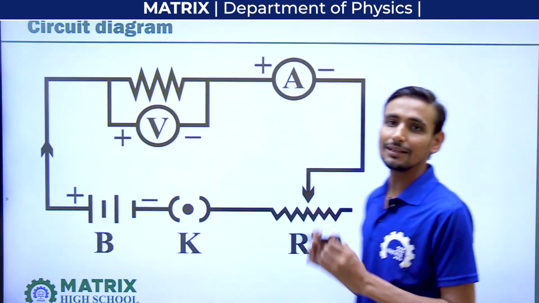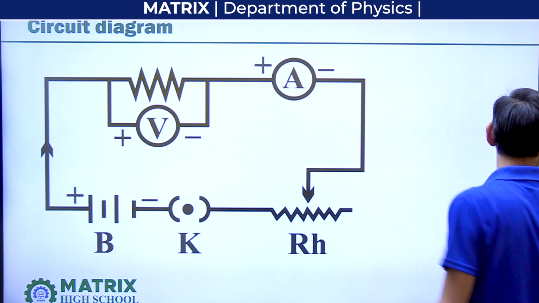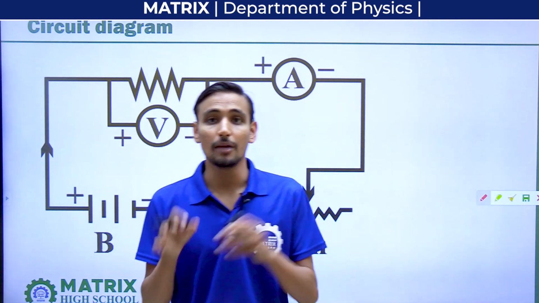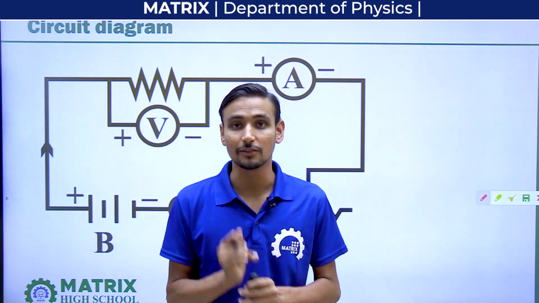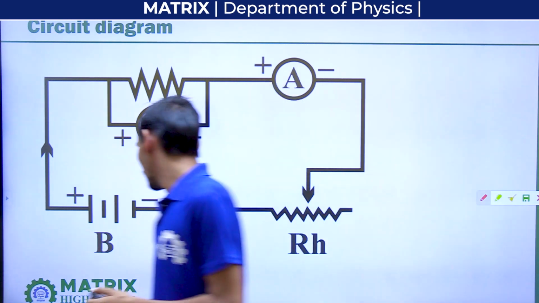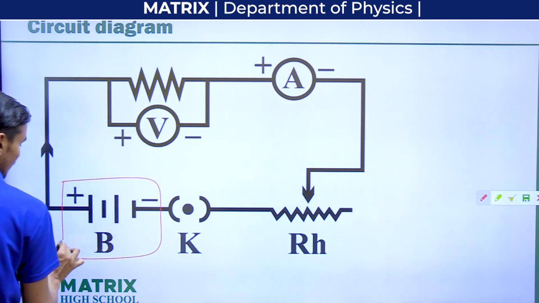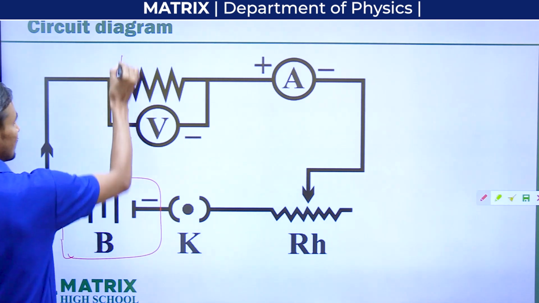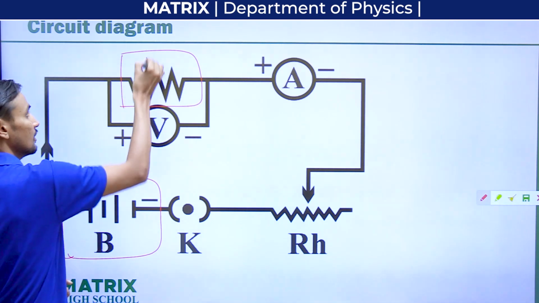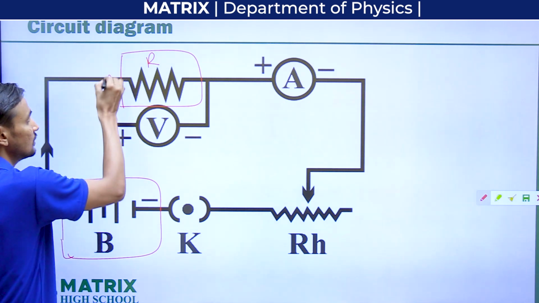Next is the circuit diagram for this experiment. So I have told you the apparatus required for this experiment. Now we will discuss how this circuit is made. First of all we will take a battery, and there is a resistor, any resistor wire having resistance R, whose potential we have to calculate.